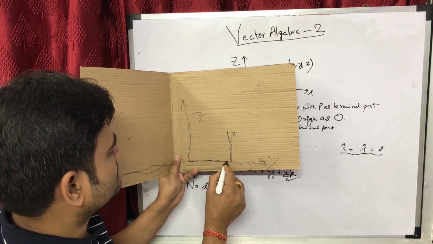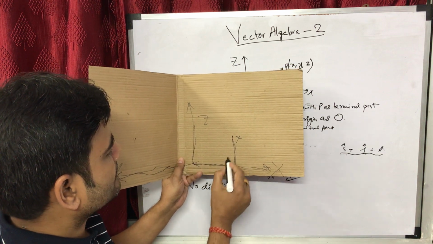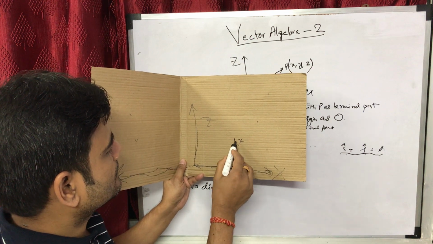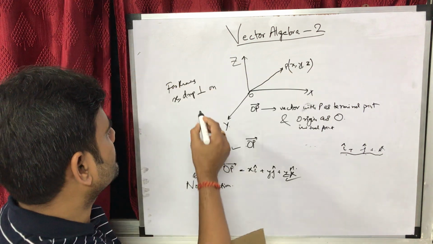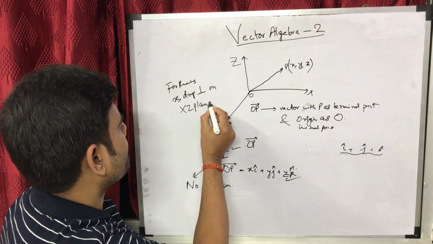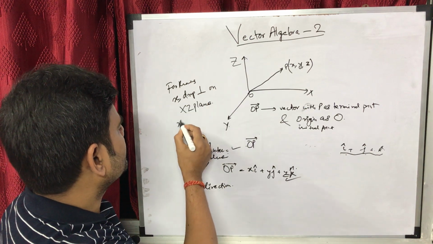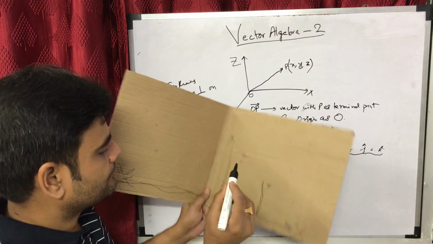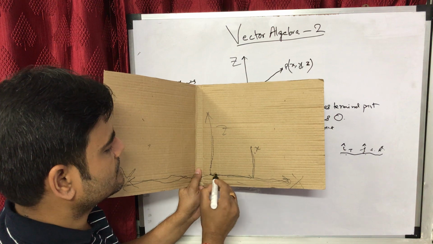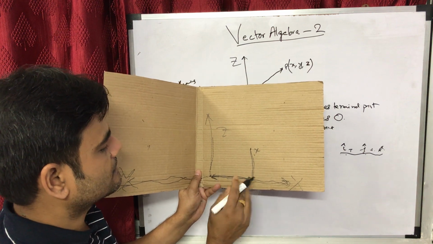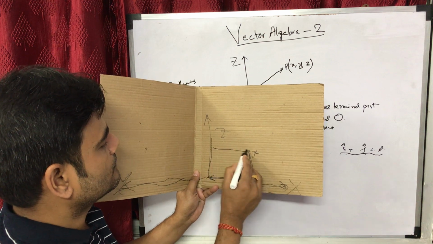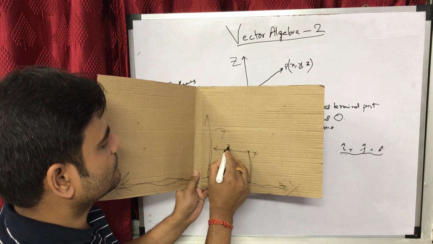This is the x component. And when you drop a perpendicular on the xz plane, from there you can get x and z both. So if you drop a perpendicular on this, you know how much is this, so that is the x coordinate. You also know this one, so you also know the z component.